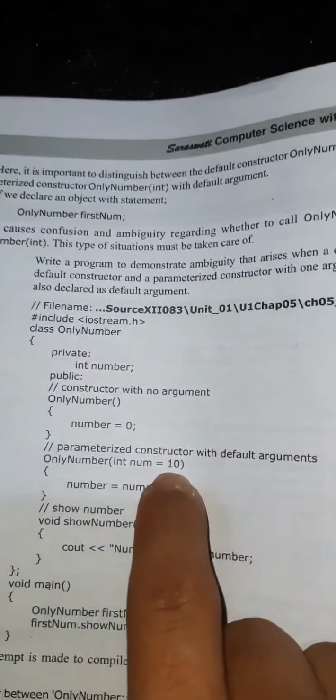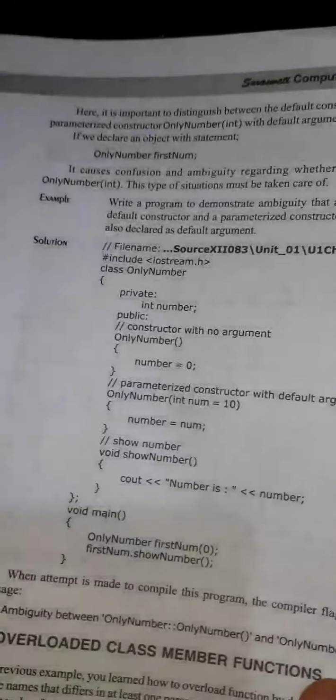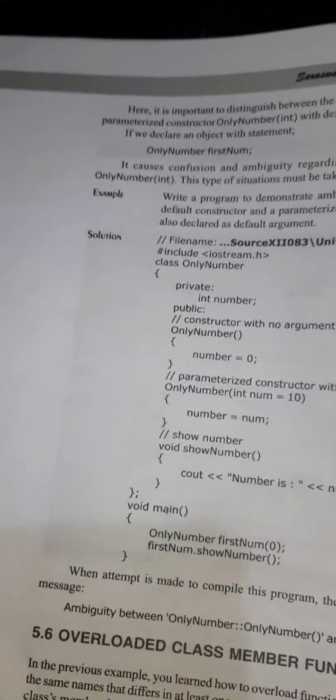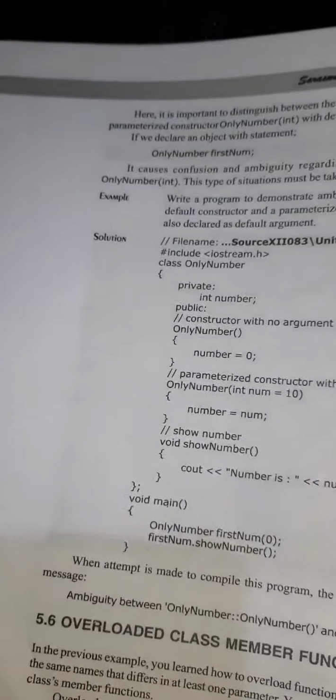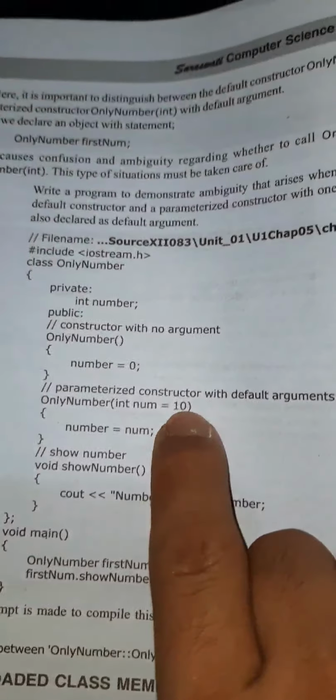In this case, this 10 is the default argument. We have already seen what a default argument is and how you assign it under function prototypes in the function chapter.